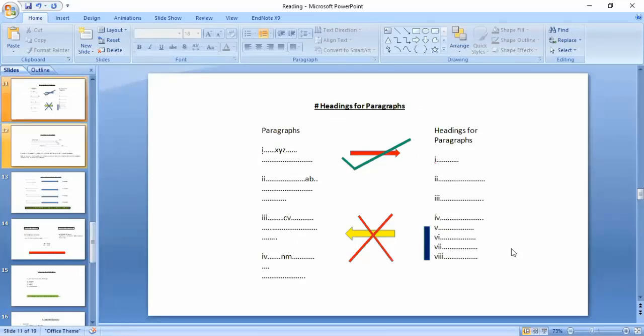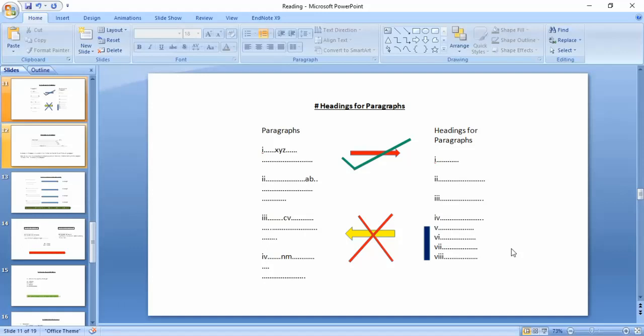Now, we come across another question type, that is finding a suitable heading for a paragraph. So, in the questions, you will be given different paragraphs. Let's say 1, 2, 3, and 4. Now, in the options, you will have different headings.